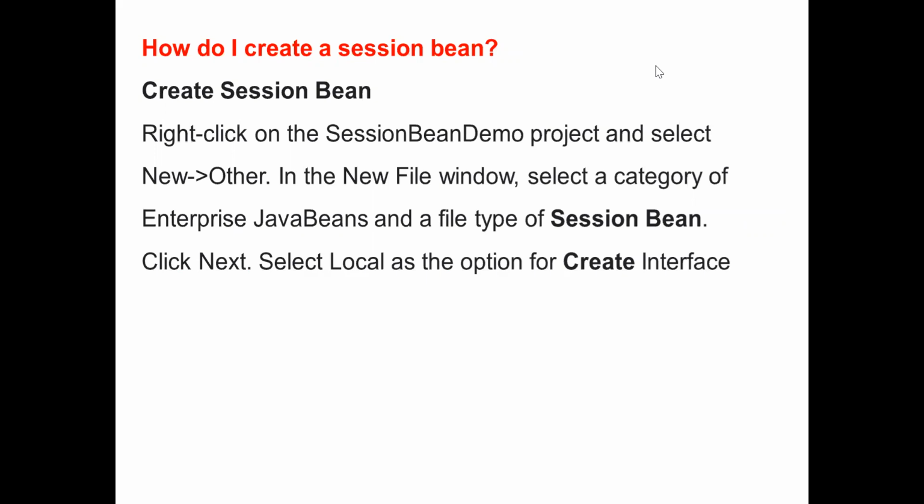Right-click on that project and a pop-up will appear; select New, and then Other. When the New File window appears, select the category Enterprise Java Beans, and the file type is Session Bean. When you click the session bean, we have to select Local as the option.